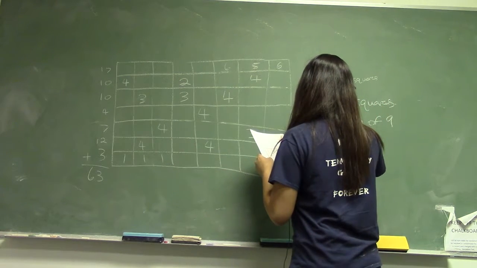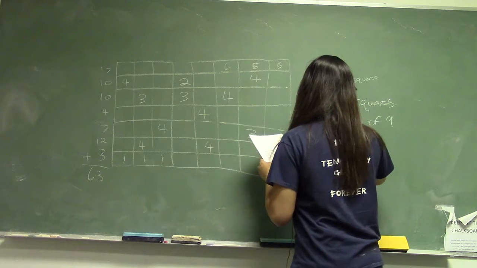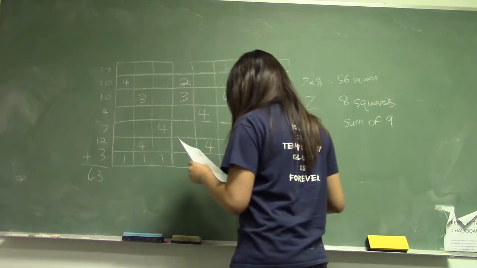Yes, so 7 pieces with a sum of 9 and 8 squares within each piece.